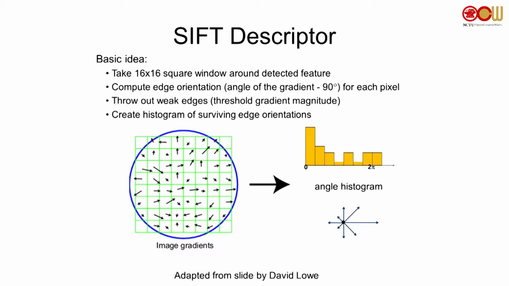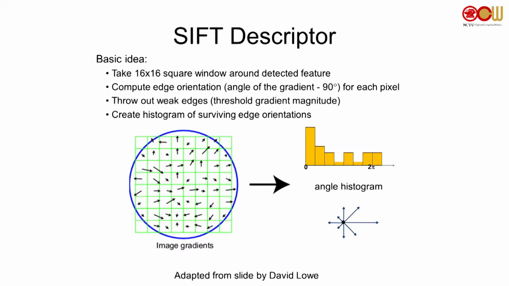You compute the edge orientation for each pixel and throw out weak edges. If you remember, for example with the Sobel filter, we always compute a gradient with magnitude and orientation, right? Then according to the magnitude, you could throw out some of the locations you don't want.